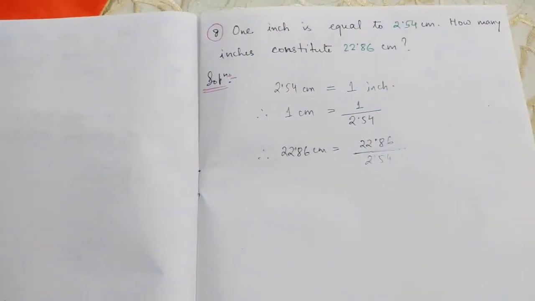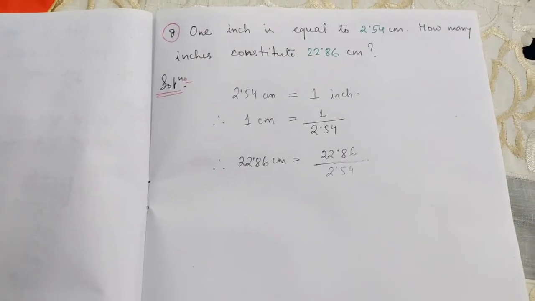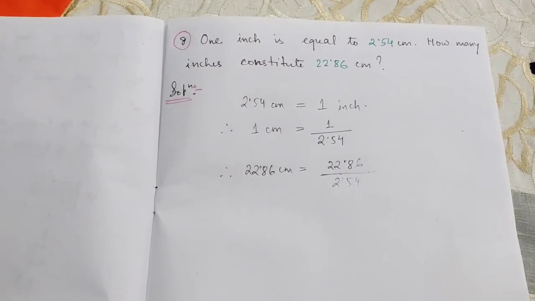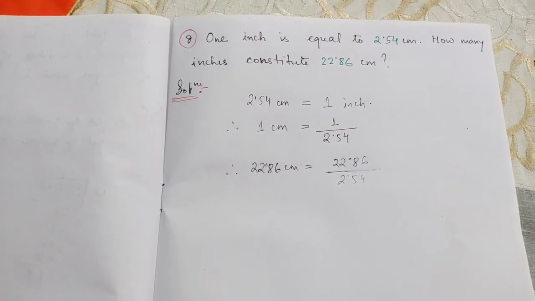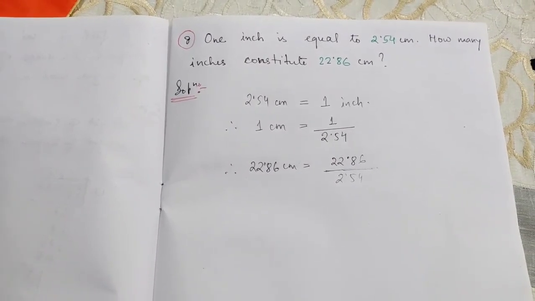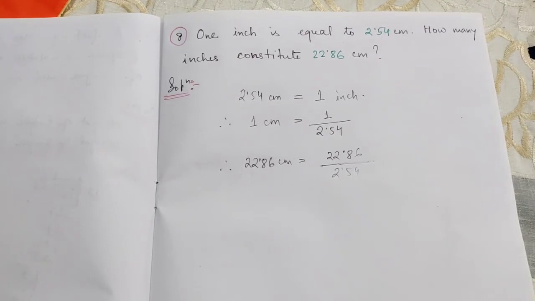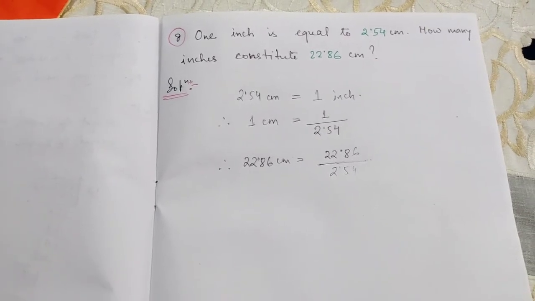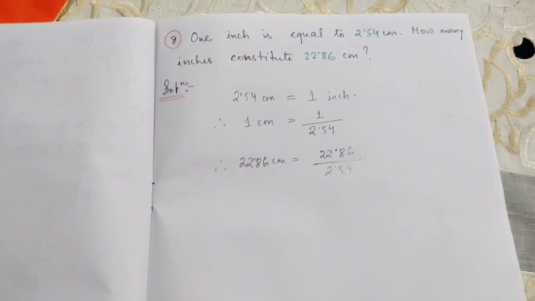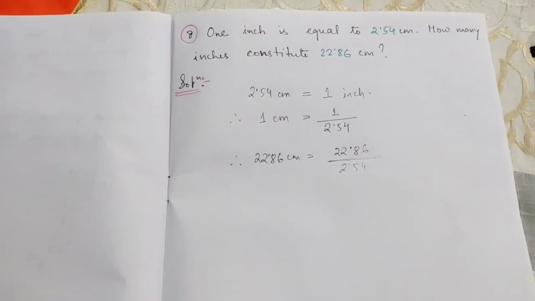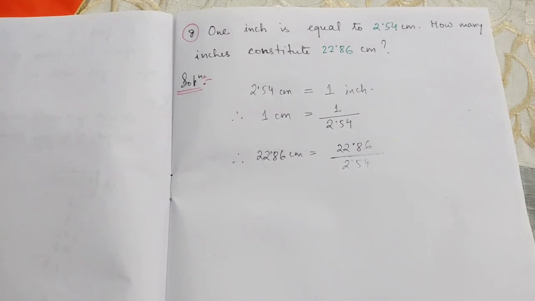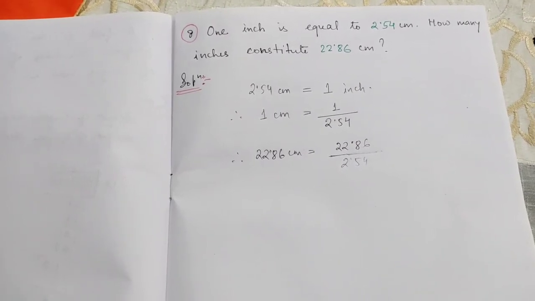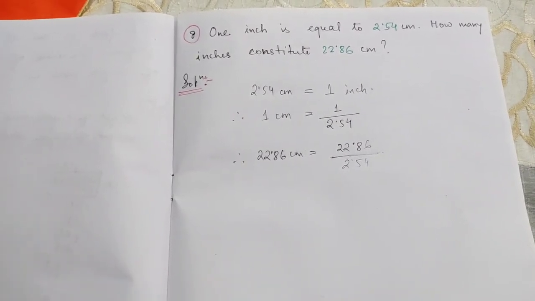Why are you dividing by 2.54? Because 2.54 centimeter is equal to 1 inch. Then only you will know that 22.86 centimeter will be how many inches. So let's do the calculation.